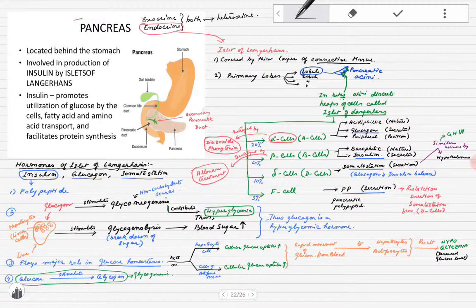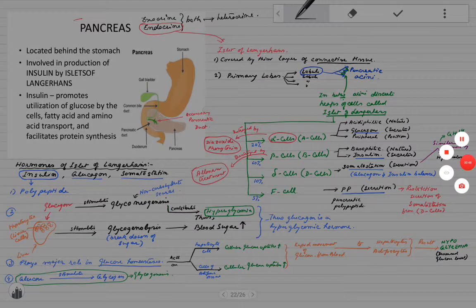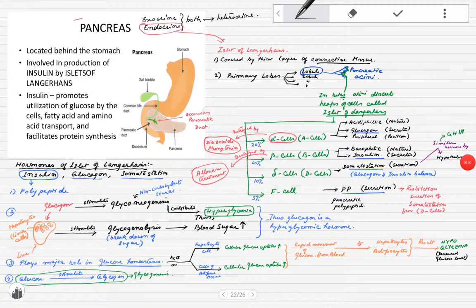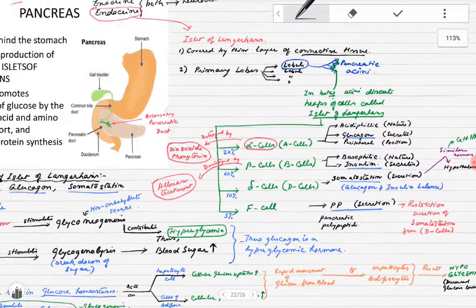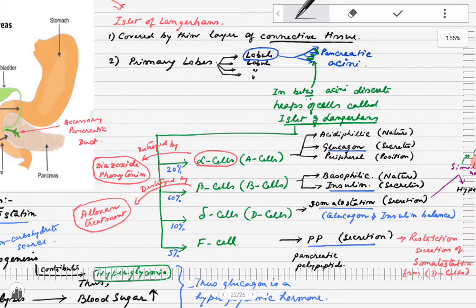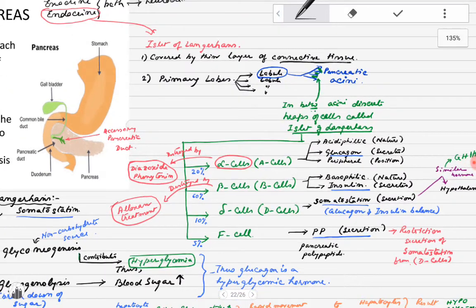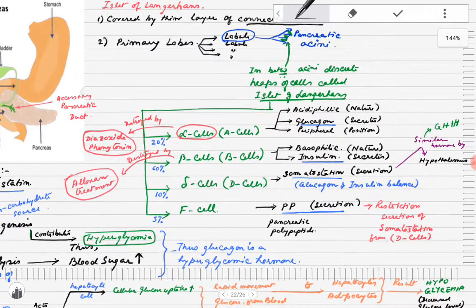There are primary lobes, which are made up of many lobules, and these lobules are in turn made of pancreatic acini. In between acini, discrete heaps of cells called the islet of Langerhans are present, and these islet of Langerhans constitute only about 1 to 2% of the pancreatic tissue.